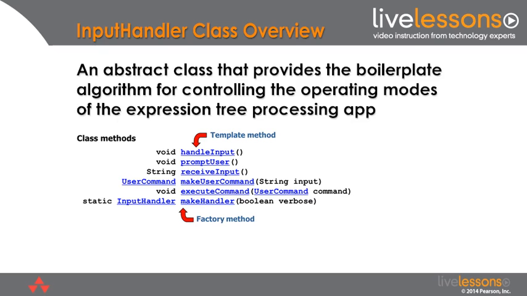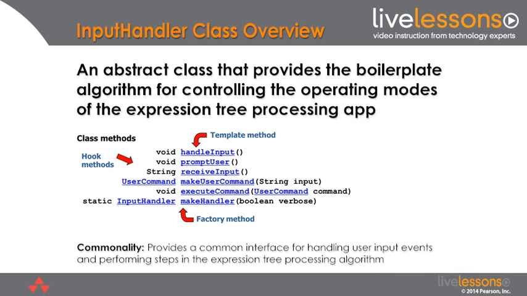We then define a factory method called makeHandler that'll make the appropriate type of handler, be it succinct mode input handler or verbose mode input handler. And then we define a number of hook methods, some of which have default implementations, some of which are abstract. From a commonality and variability point of view, the input handler class defines a common interface for handling user input events and for performing the key steps in the expression tree processing algorithm.